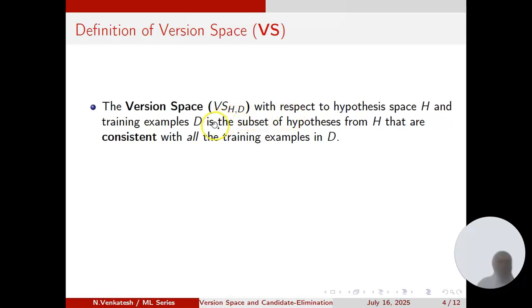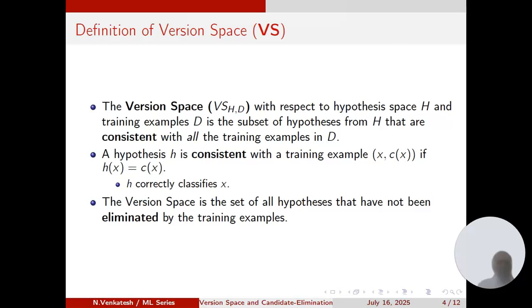From the set of all hypotheses, the subset of hypotheses which are consistent with the training examples. Consistent means correctly classifying all the training examples. Those we call the version space.